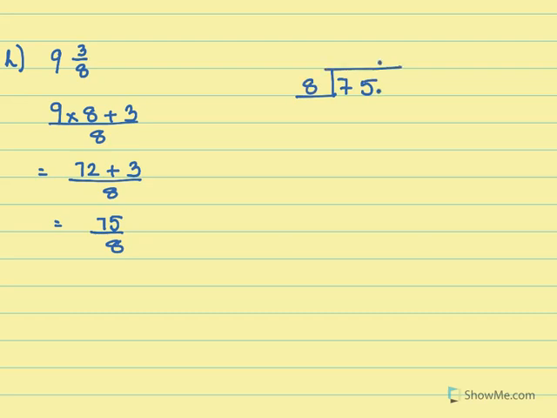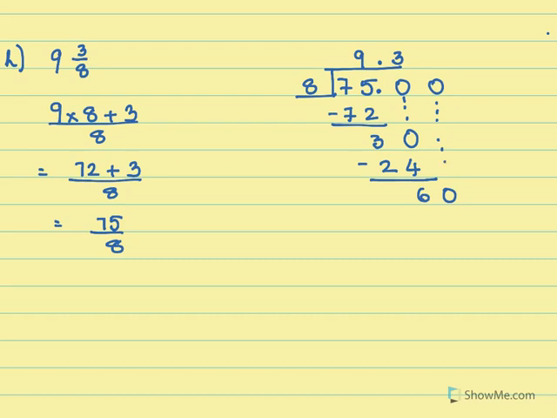So here is my decimal. Put my decimal here. So now here 8 nines are 72. Subtract, 3, there's a 0 here, it comes down here, 0. So 8 threes are 24. On subtraction we will get 60.